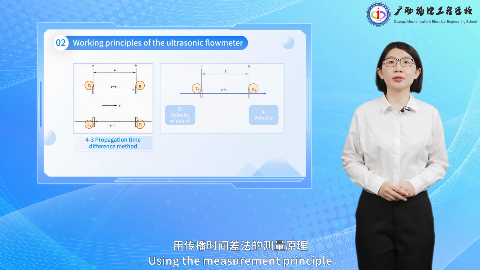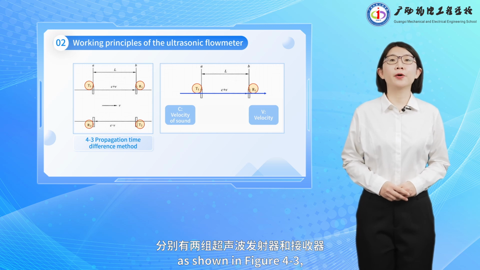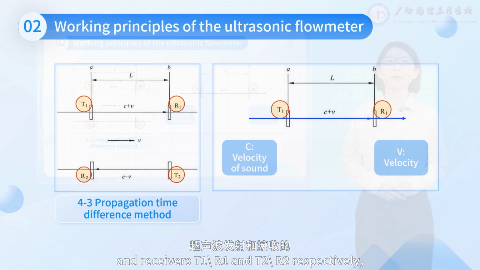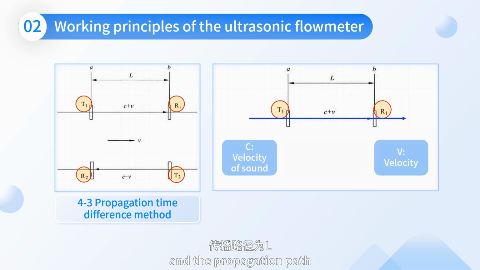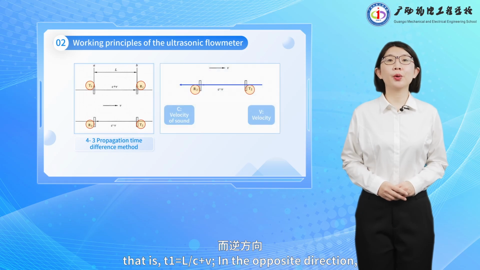Using the measurement principle of the propagation time difference method, as shown in Figure 4-3, there are two groups of ultrasonic transmitters and receivers, T1 or R1 and T2 or R2 respectively. The propagation path of ultrasonic transmission and reception is L, then the ultrasonic propagation time from T1 to R1 is shown in the figure above, that is, t1 equals L over c plus v.